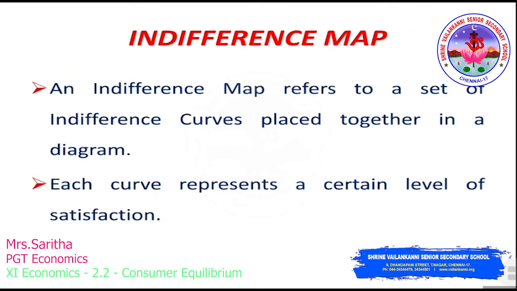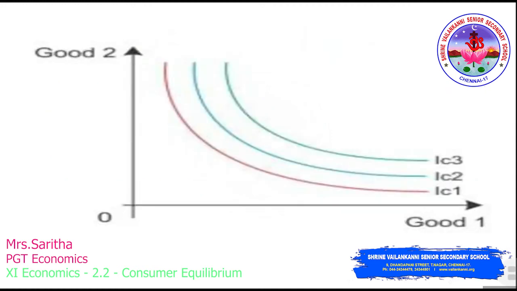Indifference map. An indifference map refers to a set of indifference curves placed together in a diagram. Each curve represents a certain level of satisfaction. An indifference curve represents all the combinations which provide the same level of satisfaction. Every higher or lower level of satisfaction can be shown in a different indifference curve.